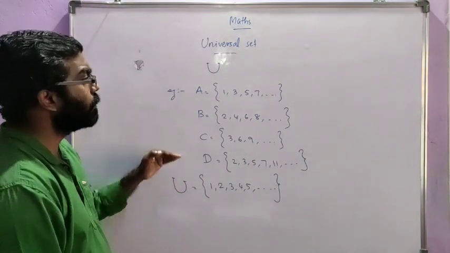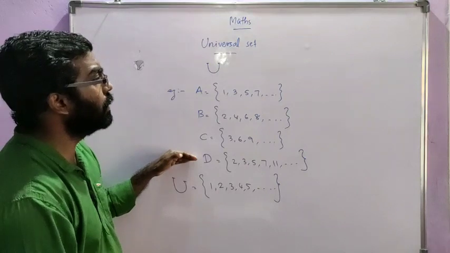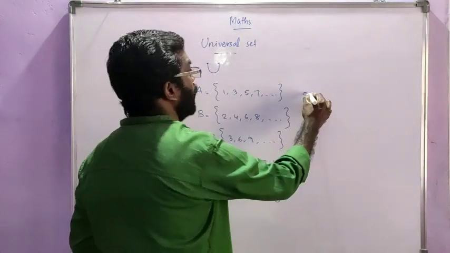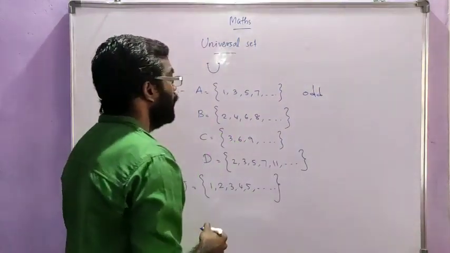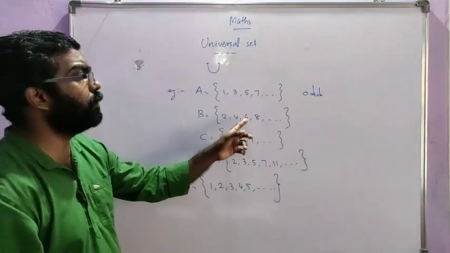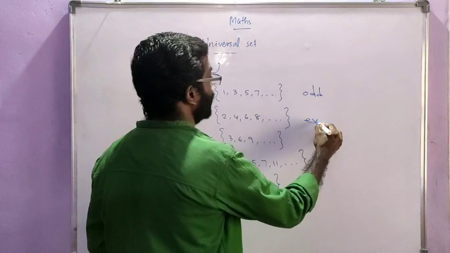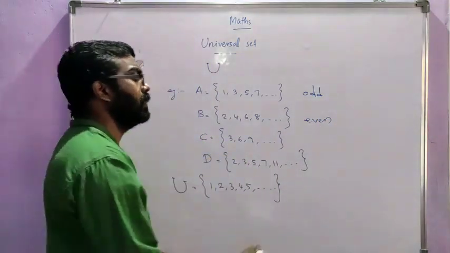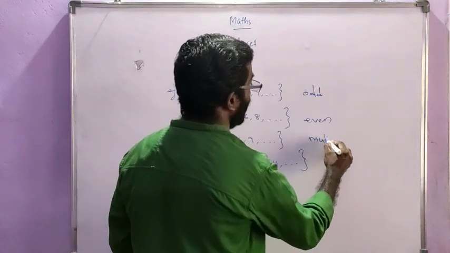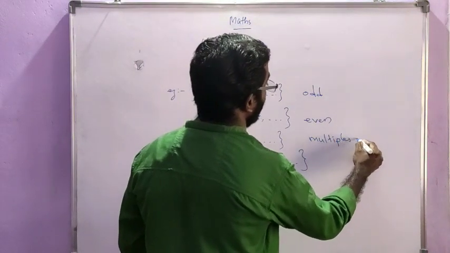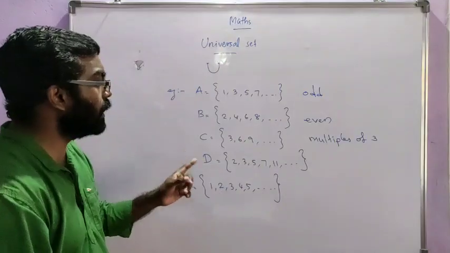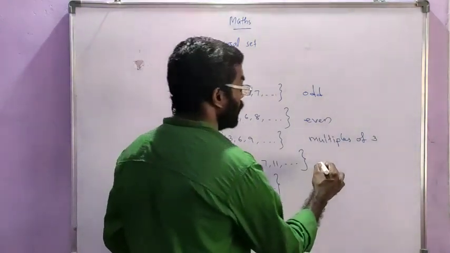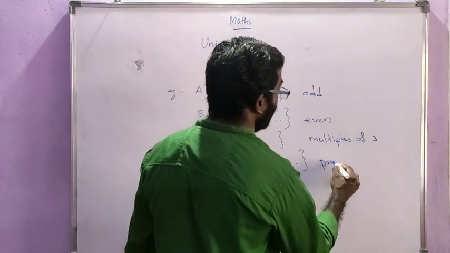So here we have A, B, C, D. The first set A is the set of all odd natural numbers, and the second one B is 2, 4, 6, 8, the even numbers, and the third one C is 3, 6, 9, and so on. That means the multiples of 3. And the last one D is 2, 3, 5, 7, 11, and so on, which is the collection of prime numbers.